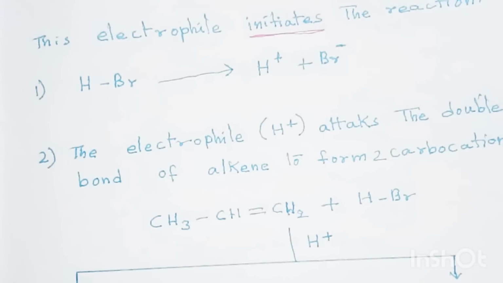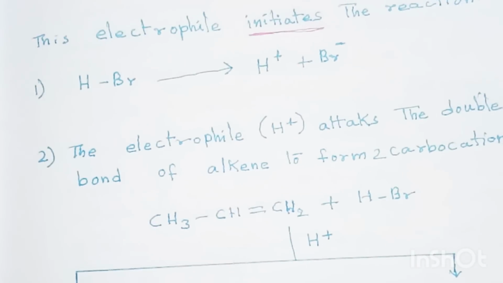That means this pi bond breaks and forms a bond between second carbon atom and hydrogen ion. So this becomes CH2 and this carbon atom, since it loses an electron, develops a positive charge. This is a carbocation. This is primary carbocation. This is less stable primary carbocation.